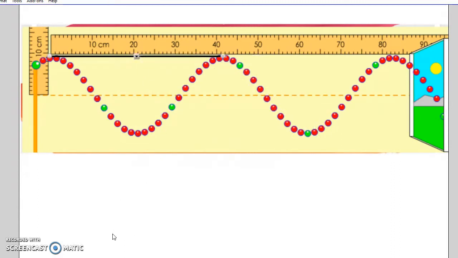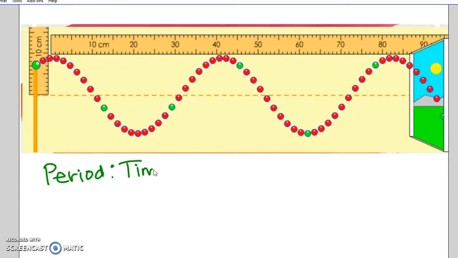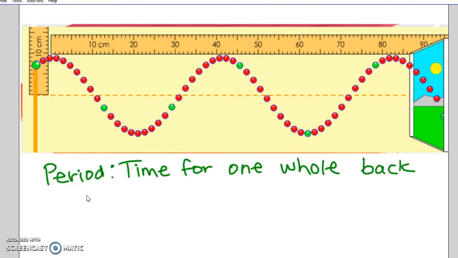And the next thing that we can measure is the period. And the period of a wave is the time it takes for one whole back and forth motion.